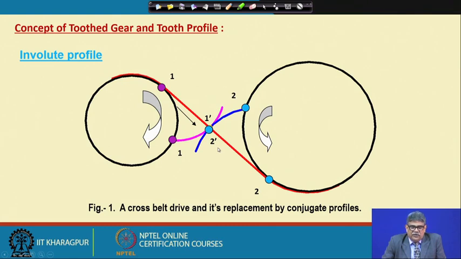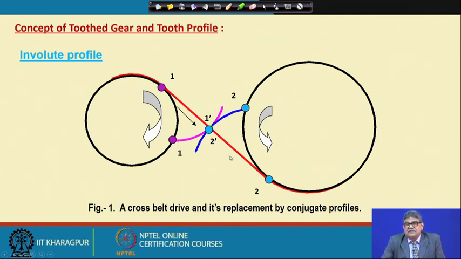Now, if we remove this belt and allow these two profiles to touch each other, and then again consider the first motion, the motion will be exactly the same as it is with this belt.